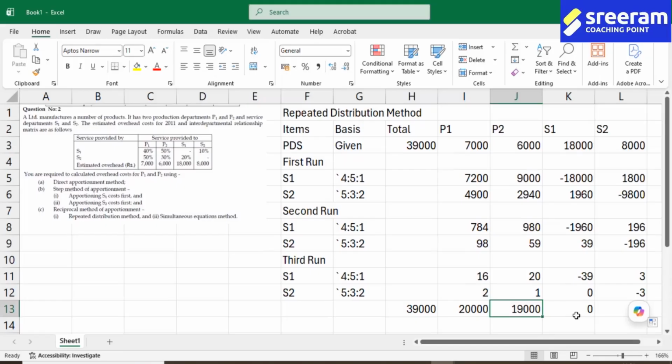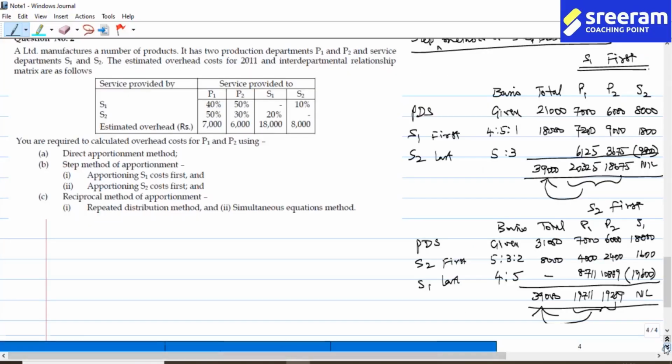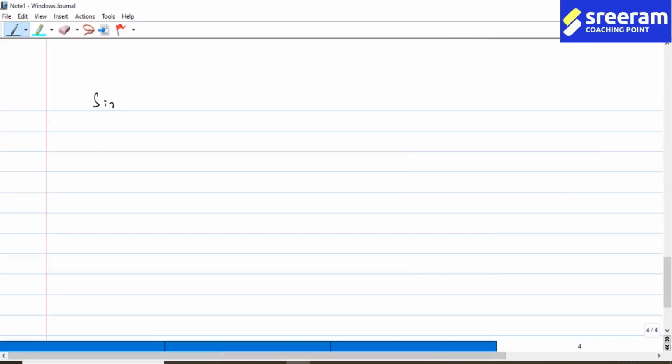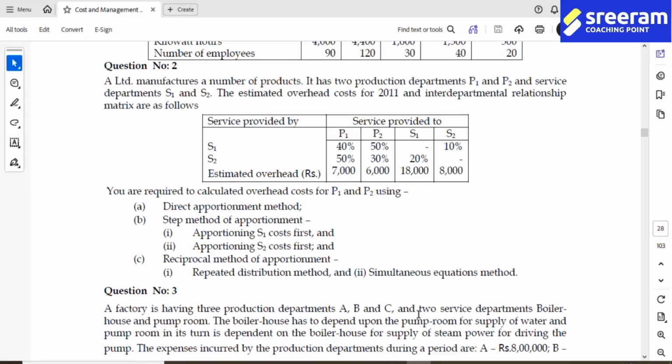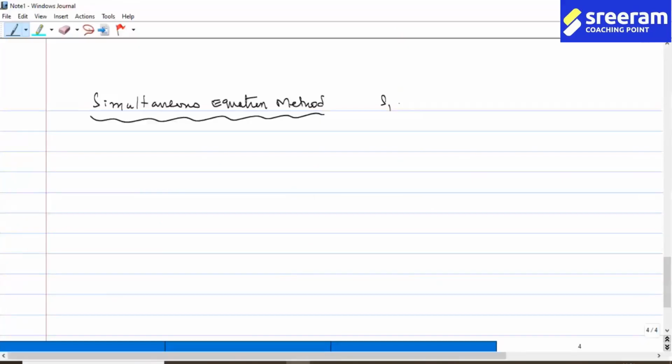Then what is the other method that we have? Simultaneous equation method you have. What is that we will be doing in the case of simultaneous equation method? In this simultaneous equation method, we will assume S1, the service department, which had their own cost at 18,000 plus 20% of S2 it will take up.